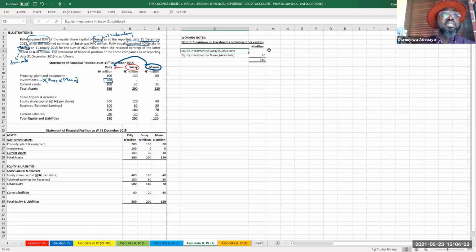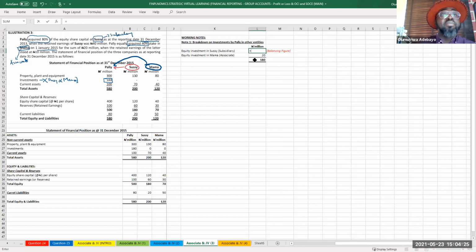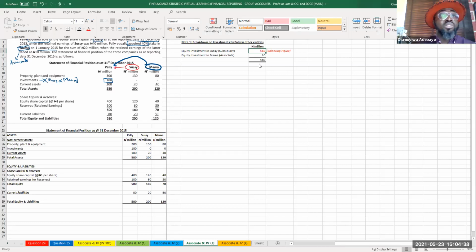That means that the investment in Suzy will be the balancing figure to make up the total investment. And that is the difference between 180 and this, which shows investment in Suzy was 160 million.